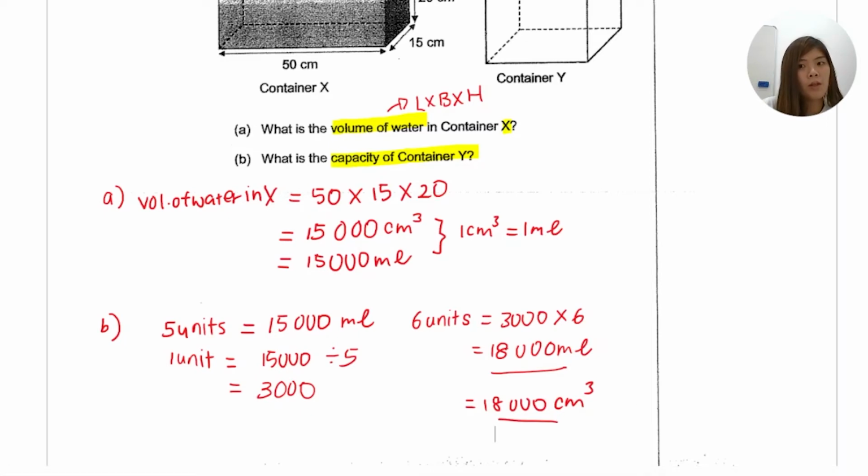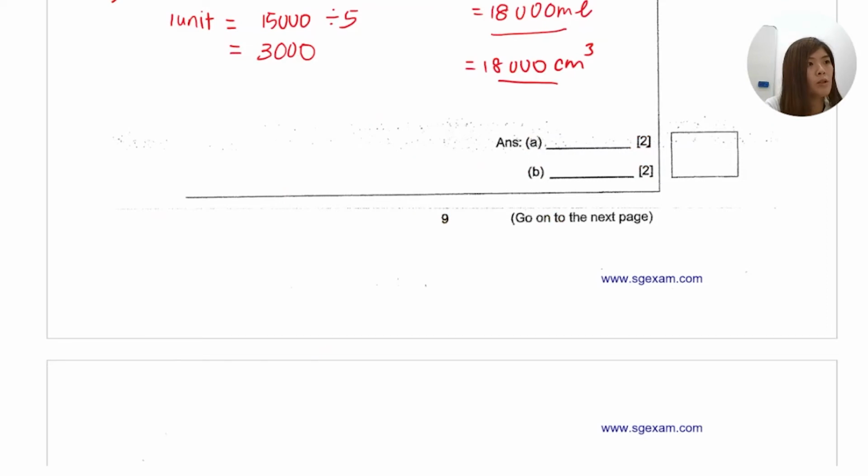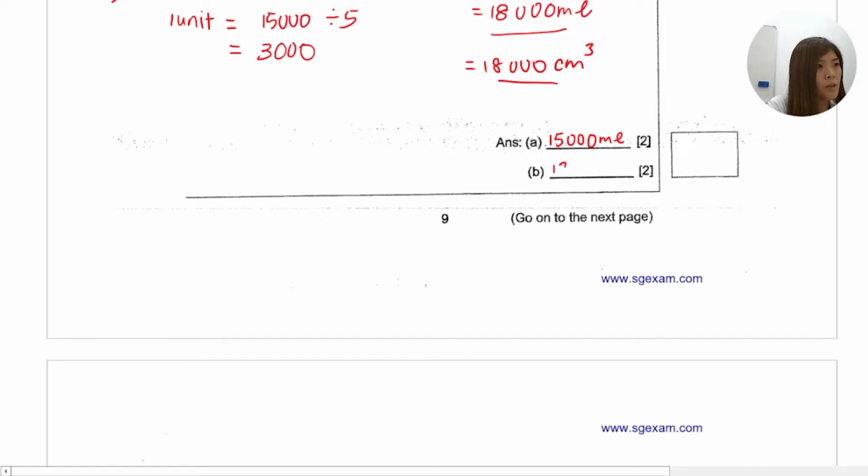So your final answer: the volume of water in A would be 15,000, and B, the capacity, 18,000.